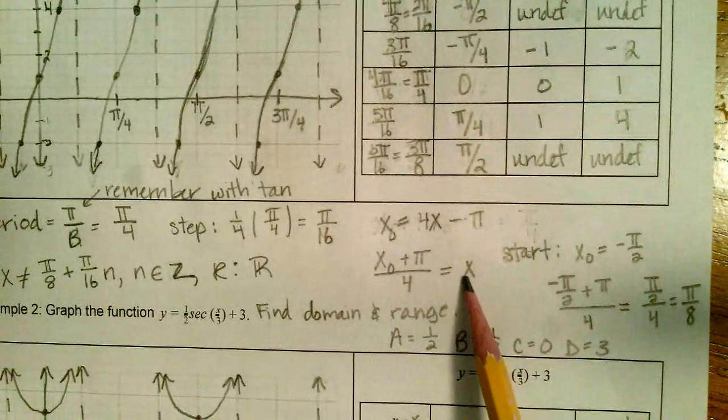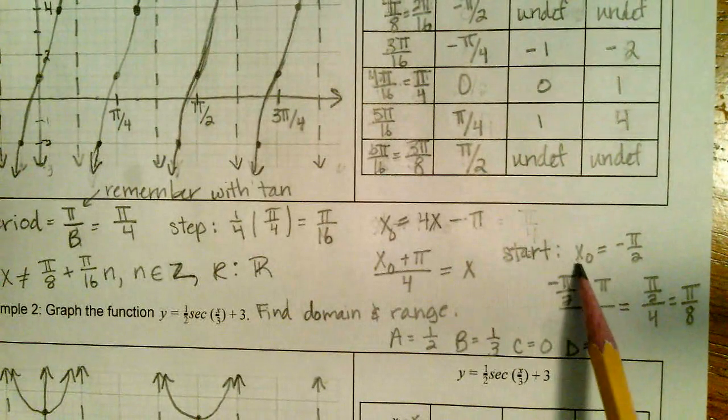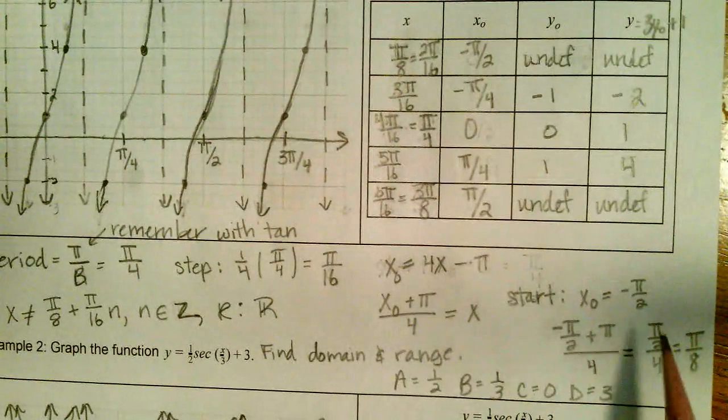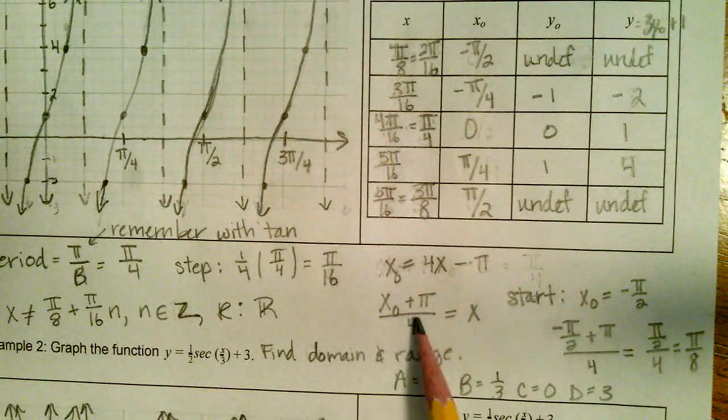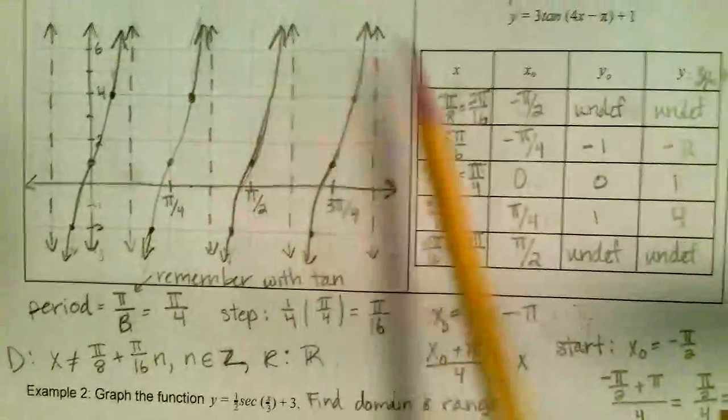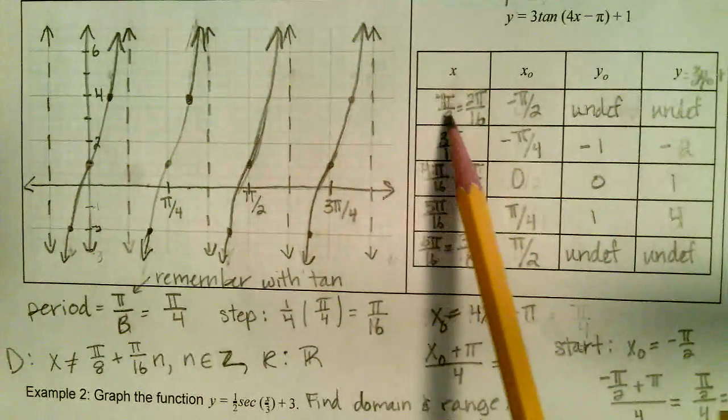I solve for x, and my original start value in my table was negative pi over 2. So I plug that in for my x, and I see that my new start value is pi over 8.